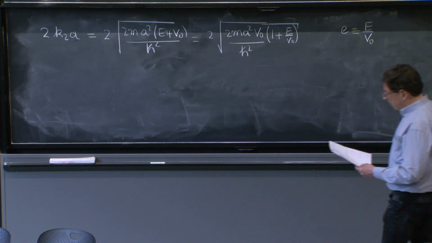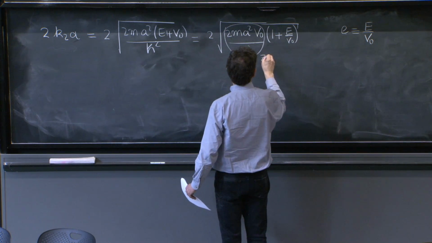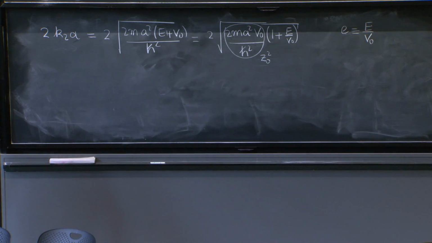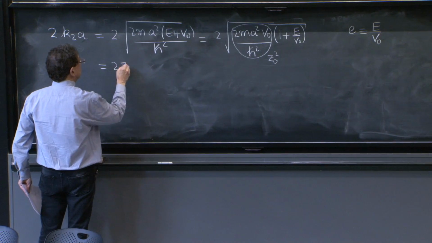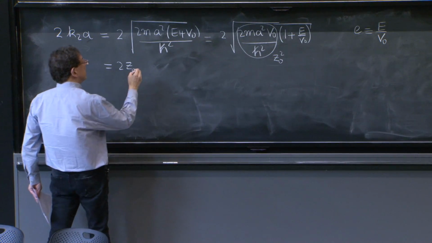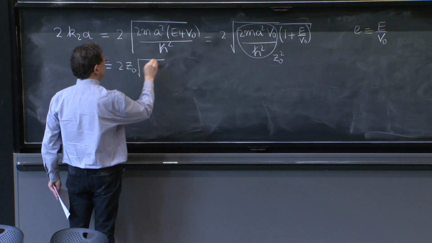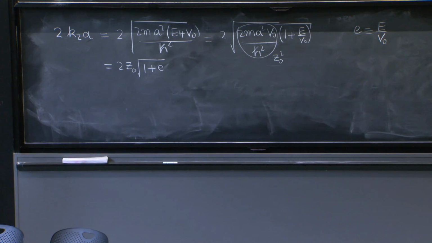And here there is another number that is famous. This is the number z naught squared of a potential well. This is the unit-free number that tells you how deep or profound is your potential and controls the number of zeros. So at this moment, this is simply 2 z naught, because the square root is there and takes the z0 squared out as z0, square root of 1 plus e, which is kind of nice.